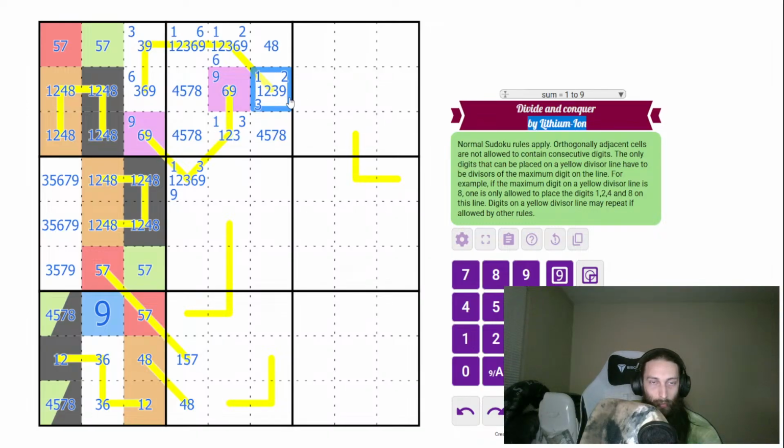So that would be 1, 2, or 3. So that could be 3. But if this was a 6, then you have 4 or 8, which pairs with that 4 or 8, and you have a 5, 7 pair.